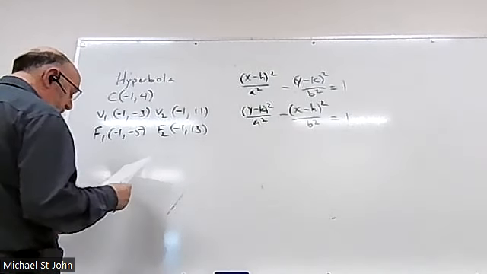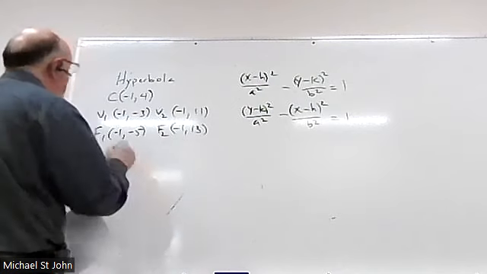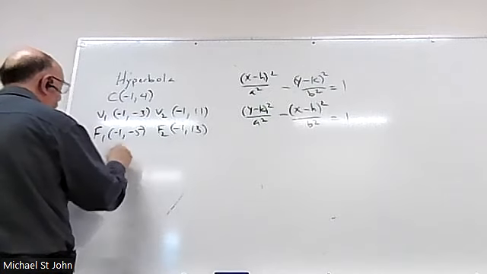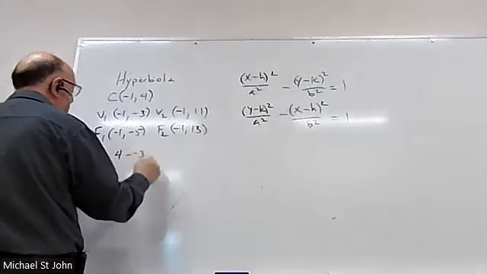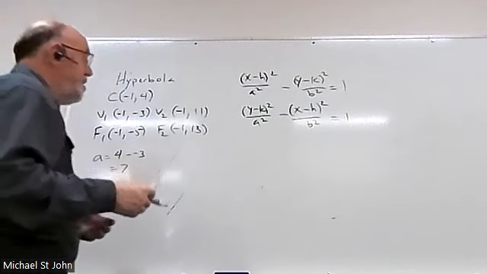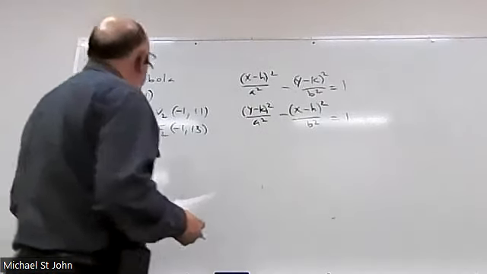So we can find the values in terms of my numbers, right? So my A is going to be 4 minus negative 3. So A is 7. My H and K correspond to my center point.